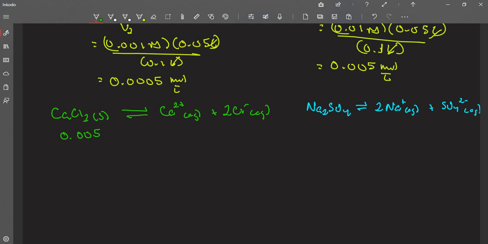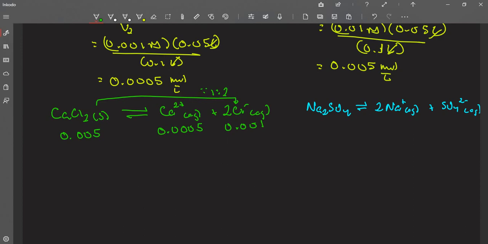Using this 1 to 1 to 2 stoichiometric ratio, we can then say that these are the concentrations of each of the resulting ions. Now, to get to this, all you need to do was multiply by 2 because it's a 1 to 2 ratio. So now we know the concentration of chloride.